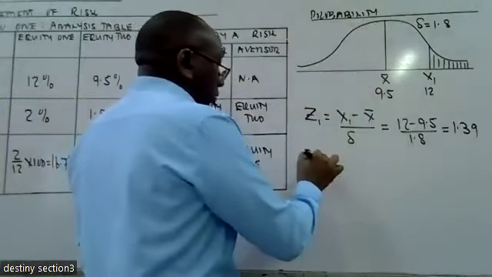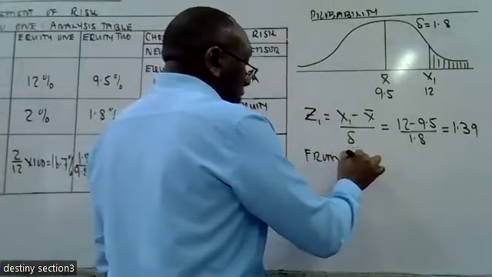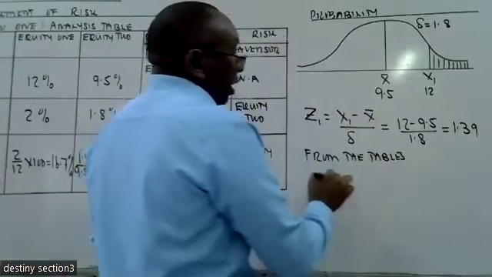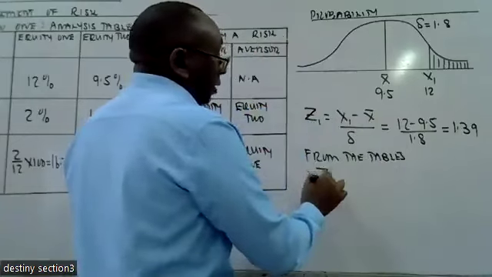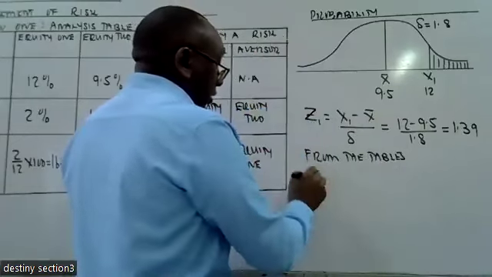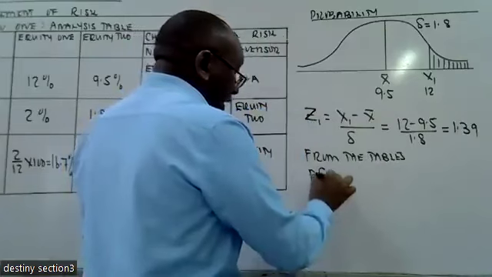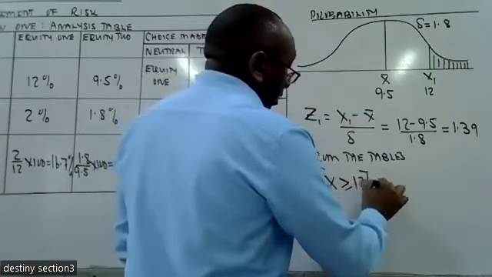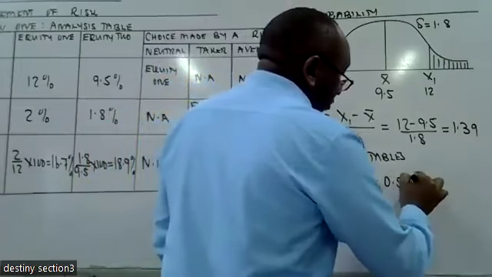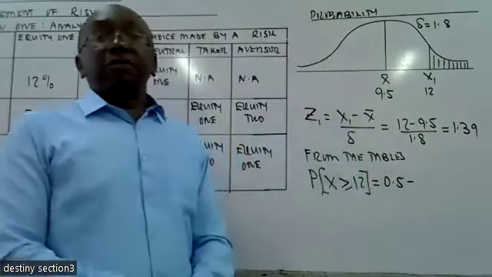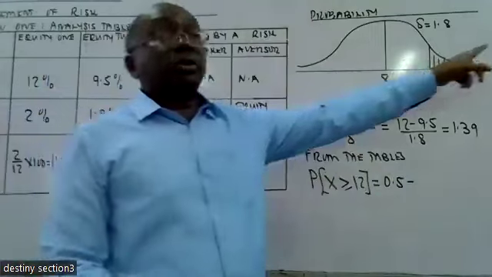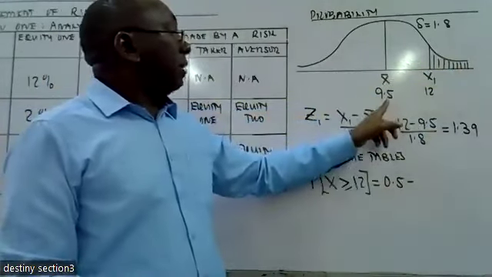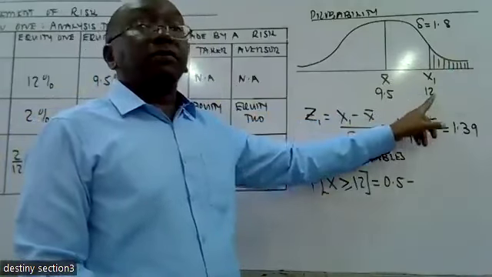So from the tables, go to your tables and tell me the probability that X is greater than or equal to 12 will be 0.5. I told you we are subtracting from 0.5 because from here all the way to the end is 0.5. And this we will read from 9.5 up to 12.